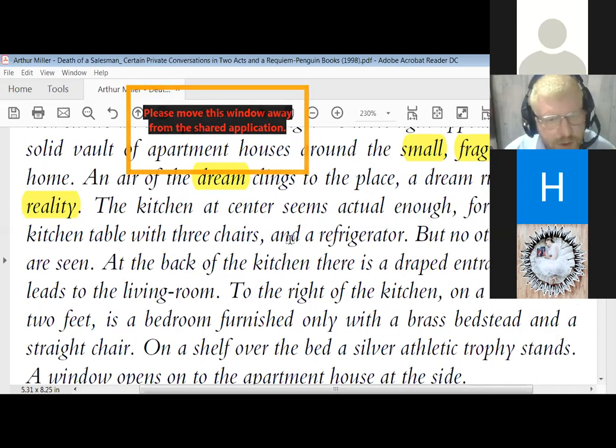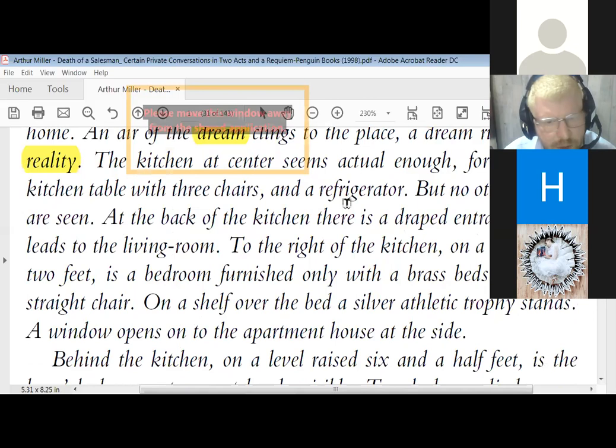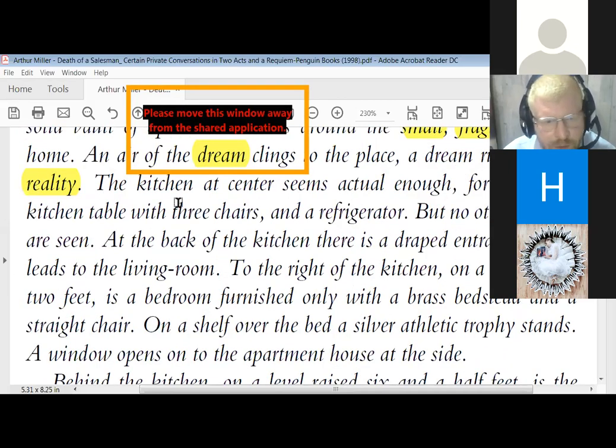Okay, so the kitchen at center seems actual enough, for there is a kitchen table, 3 chairs, and a refrigerator. But no other fixtures are seen. At the back of the kitchen, there is a draped entrance which leads to the living room. To the left of the kitchen, there is something important here. We have 3 chairs, not 4.